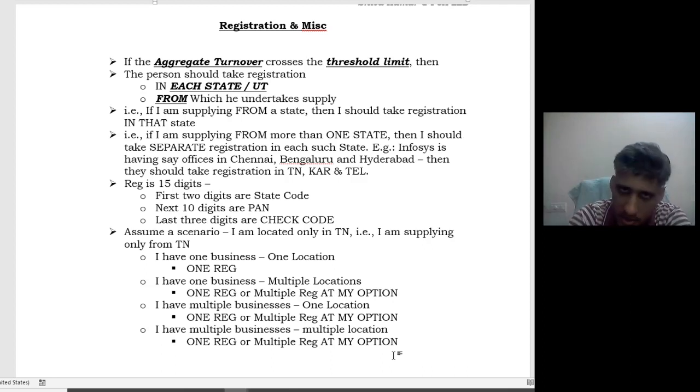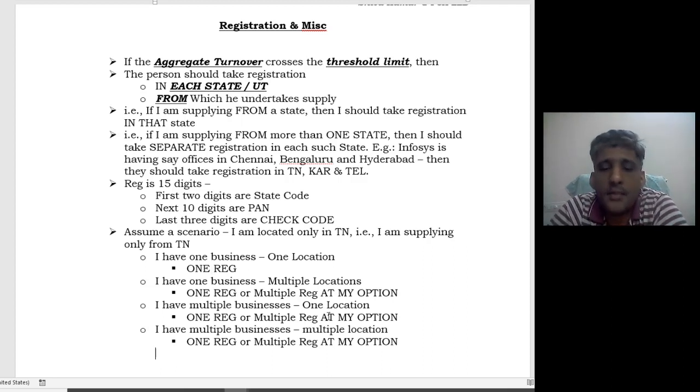You can take one registration, or you can take multiple registrations for each location, for each business. You can do whatever you want. Absolutely no problem. Either you have one registration, or you can take multiple registrations at the option of the taxpayer, at the option of the assessee. Absolutely there is no compulsion.